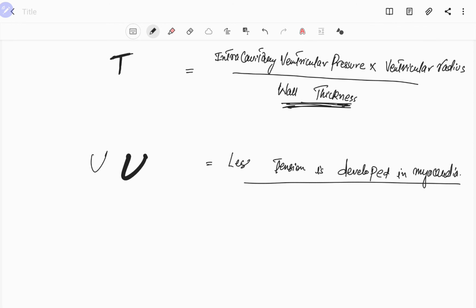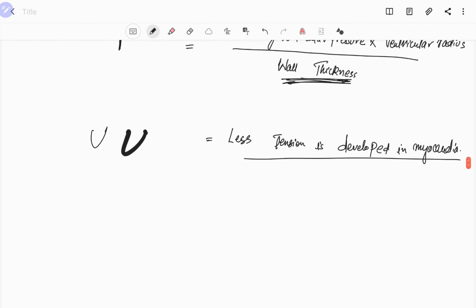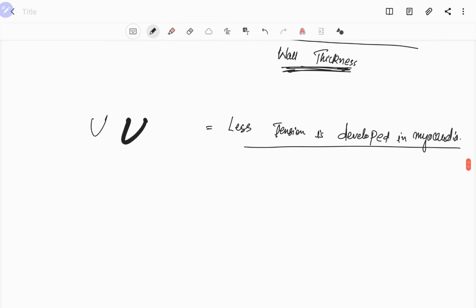Less tension is developed in the myocardium because the wall thickness is more. So you will tell that afterload is less in the hypertrophied myocardium.